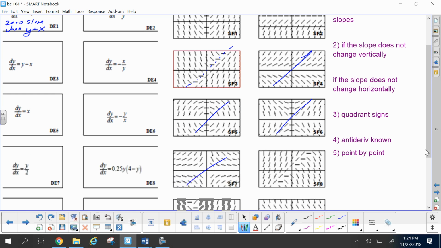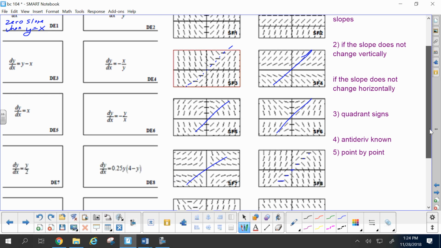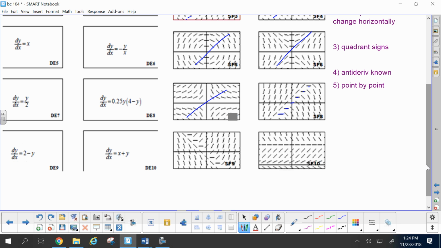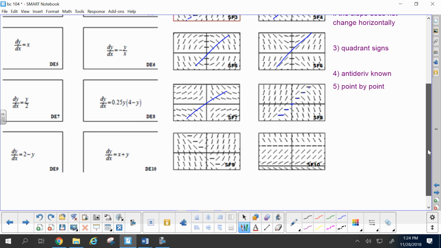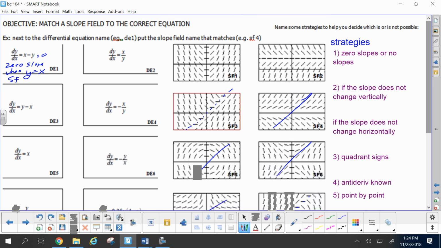That's not it. What about this one? Yeah, that's also a candidate. Slope field A is a possible candidate because it also has slopes of 0. That right there, that technique alone limits it down to slope field 3 or, what was the other one? 8. Yeah? Are you with me?